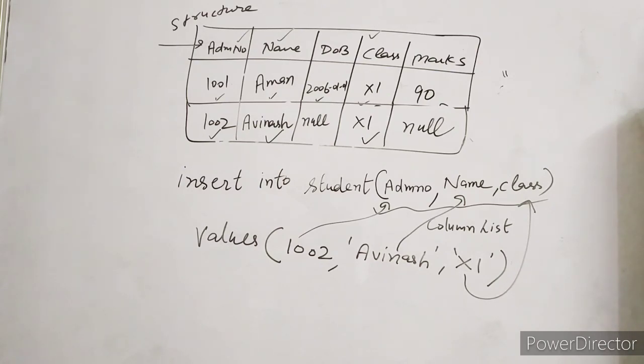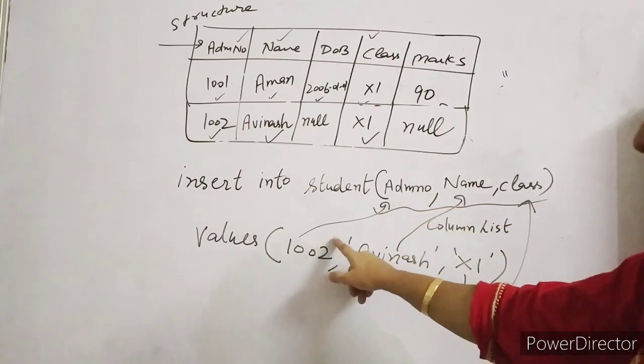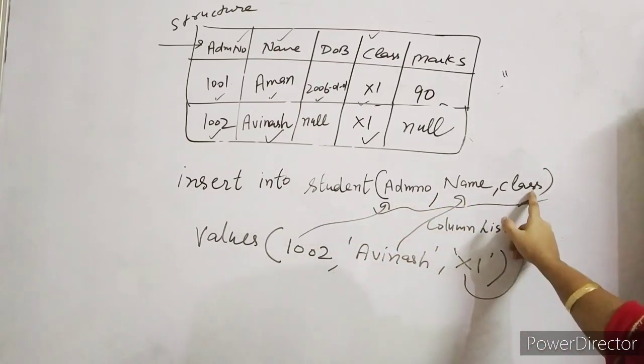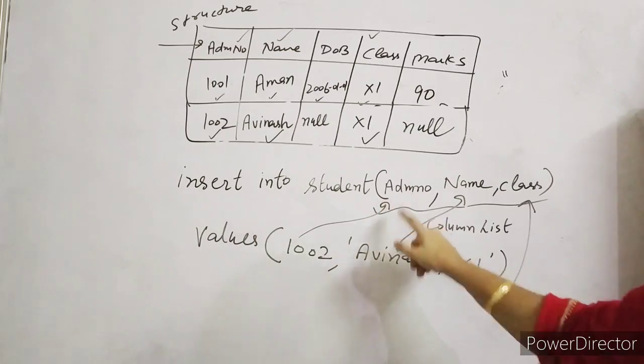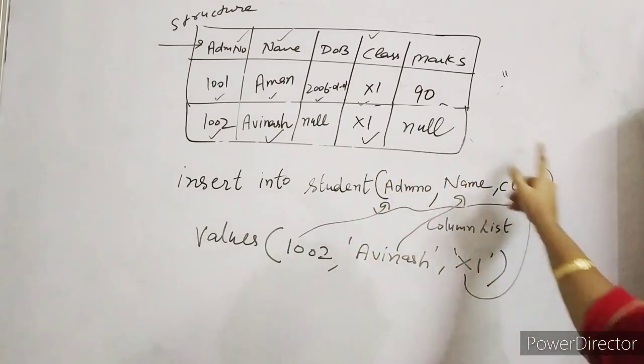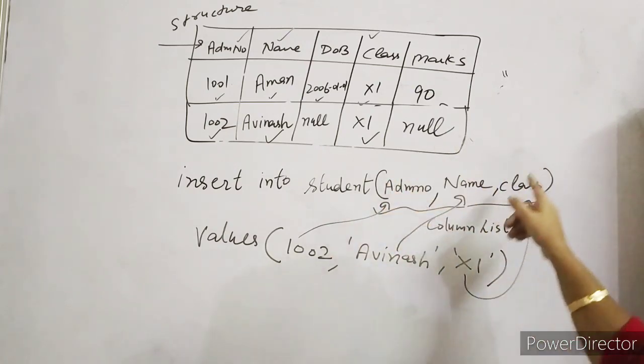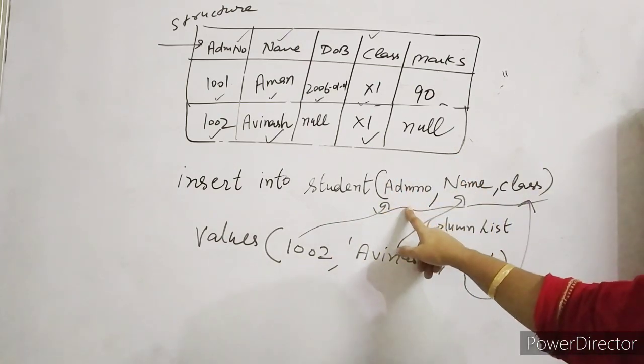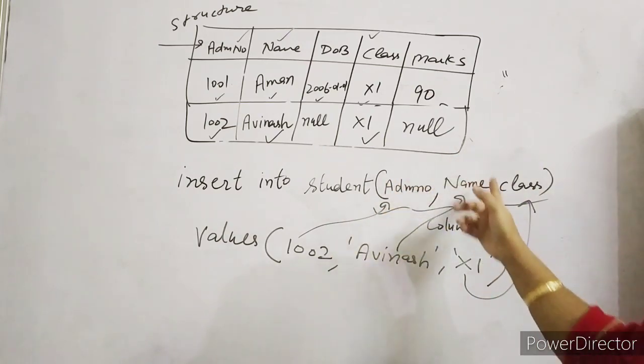Insert into student, write the column list where you want to insert the value. Then write values, brackets, and provide as many values as in the column list. First value goes to first, second value goes to second, third value goes to third. This order can be up to you. You can write name first, admission number in between.